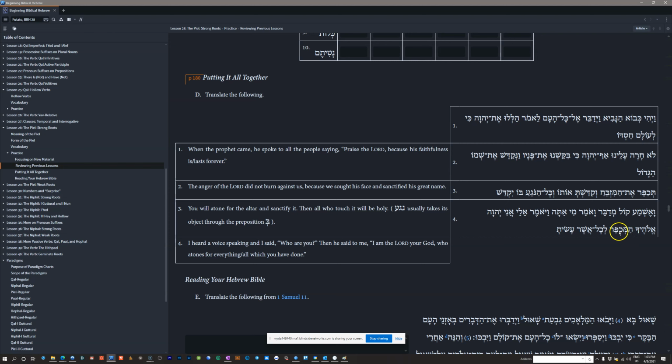What does he do? Well, the verb here is kiper, who atones. I am the Lord your God who atones, lamed, kol, all of what? All of that which, all of which you have done. Asita.